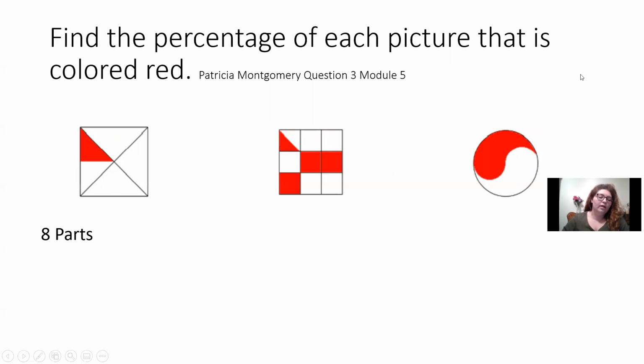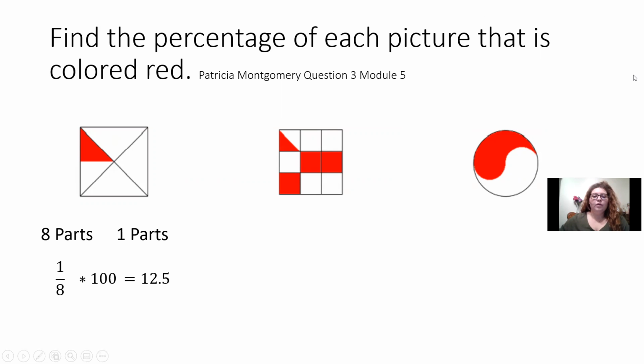We only have 1 that is shaded. When you make that into a fraction, you do shaded parts over whole parts. So our fraction starts out as 1/8. Now we are going to multiply that by 100 because that's how a percentage is found. When we do that, we get 12.5%. So of this square, 12.5% of it is shaded.